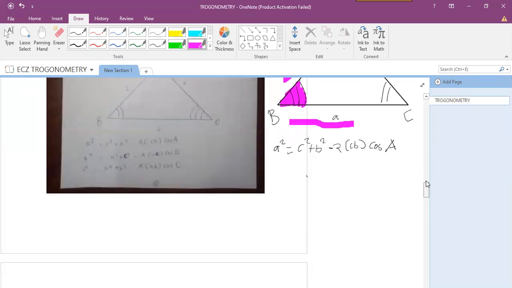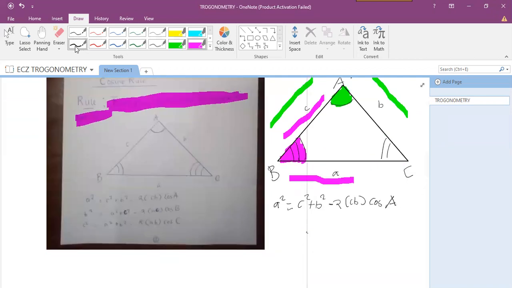We'll just say b squared, this side there, b squared is equal to the two given sides, c squared plus a squared minus 2c multiplied by a cos B, where the angle has come from.